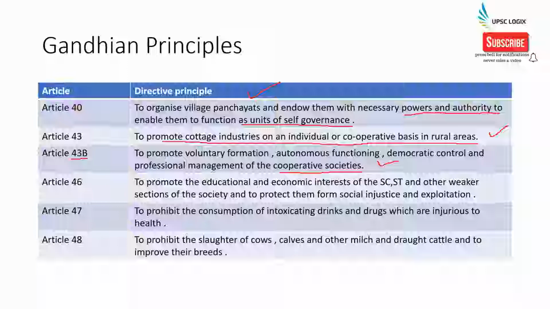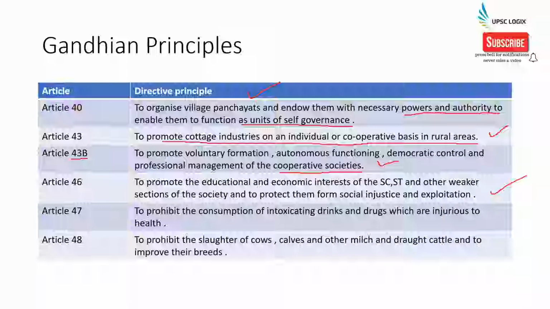Then traffic in human beings and forced labor are prohibited, which is Article 23. Similarly they have got a lot of educational and economic rights, political rights, administrative rights, and legal rights. So there are a number of laws which safeguard the interest of scheduled castes and scheduled tribes.